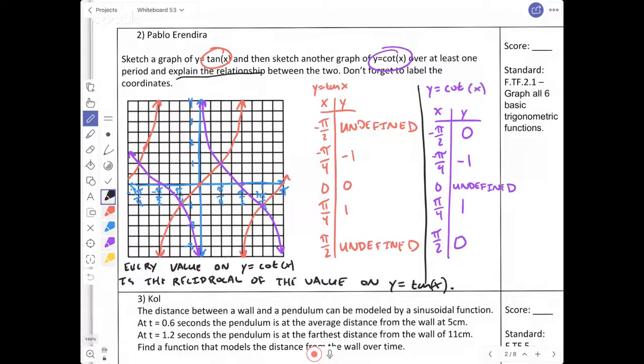So explain the relationship between the two, and let's put some coordinates in here.